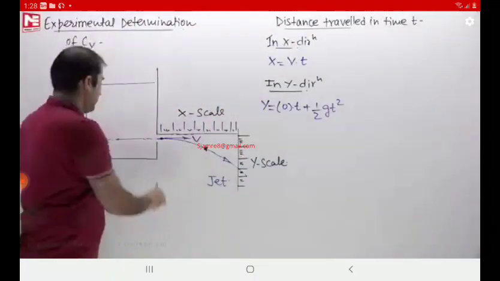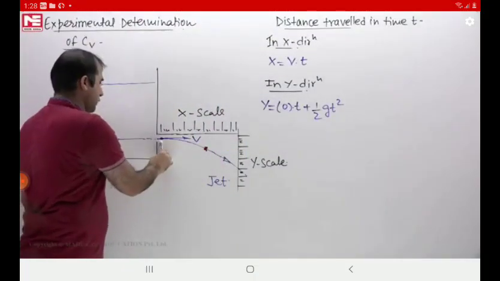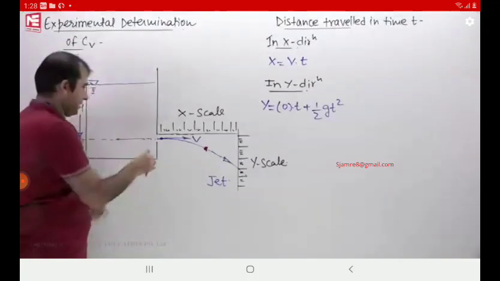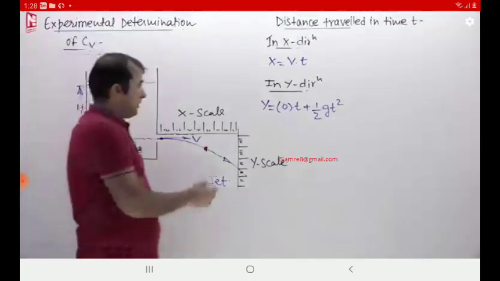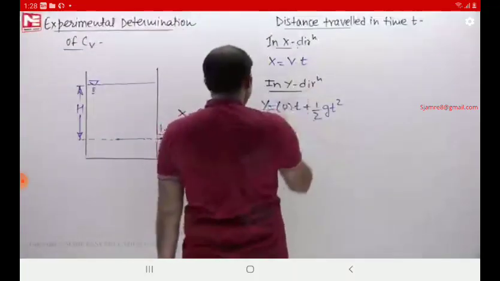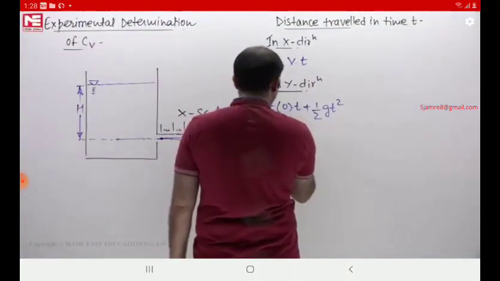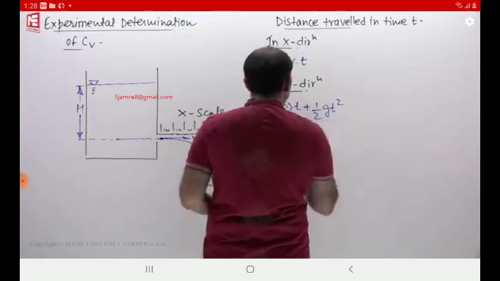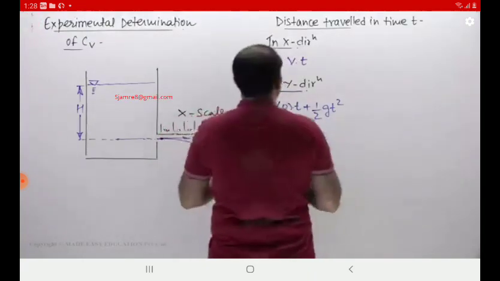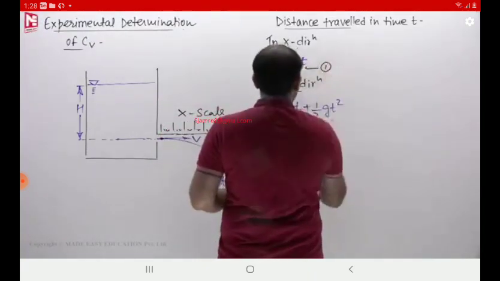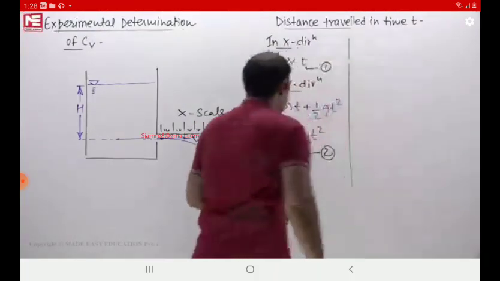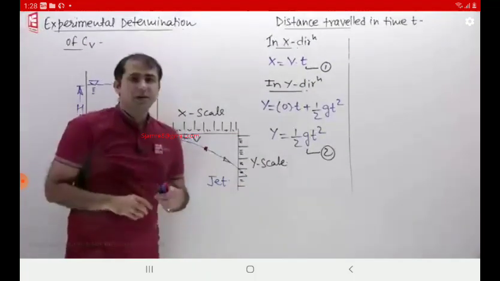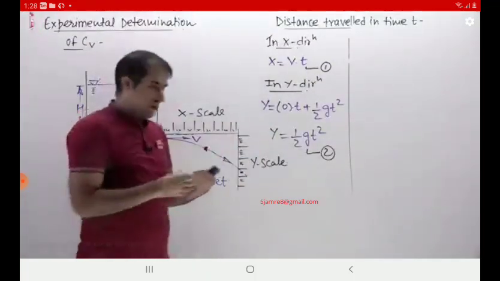Why? Because in this direction the velocity is 0. So y is equal to half gt squared. This is equation number 1, and this is equation number 2.